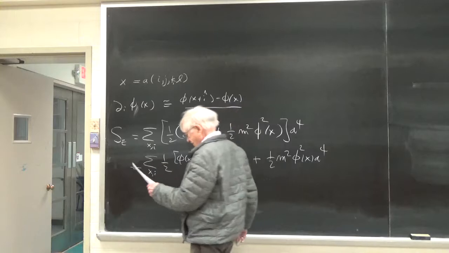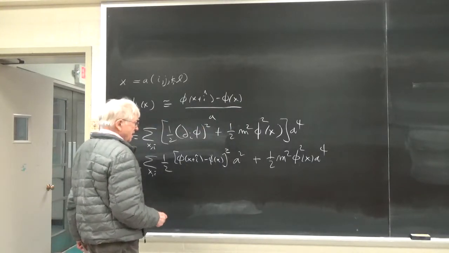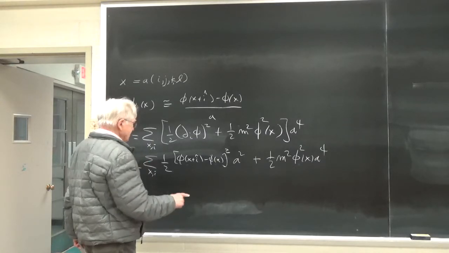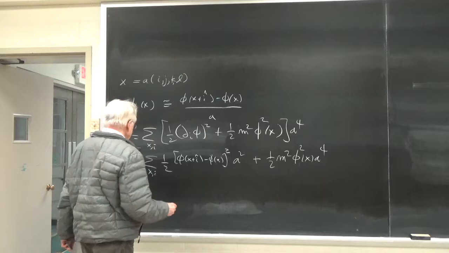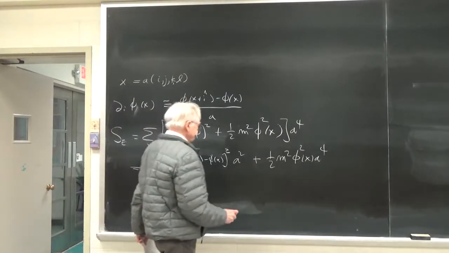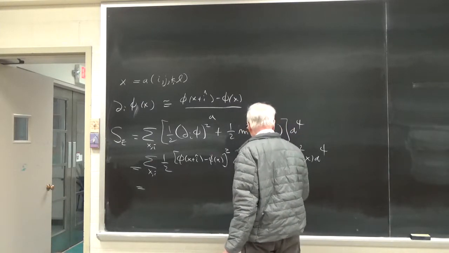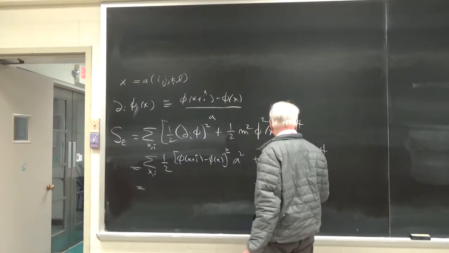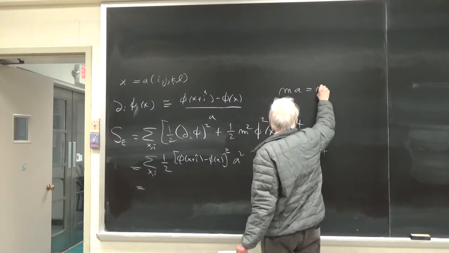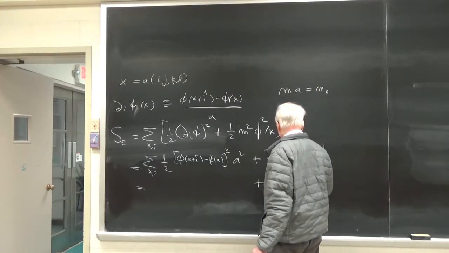And first I want to make things dimensionless. So what I'm going to do is write this as 1/2. I'm going to write m a as m0, so this is dimensionless. So this is m0 squared.